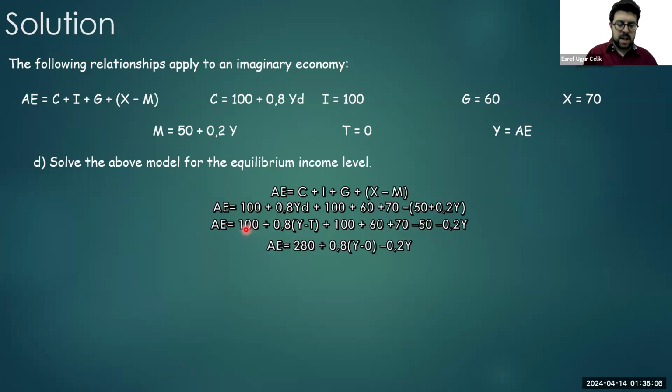And when we get the summation of 100, 100, 60, 70 minus 50, it's equal to 280. And T is equal to 0.